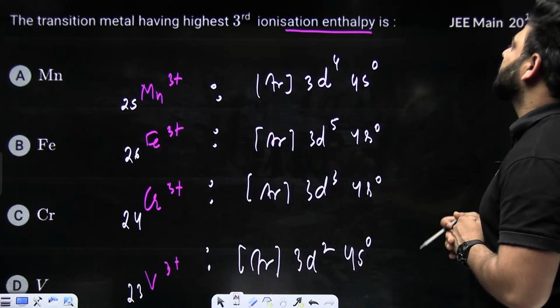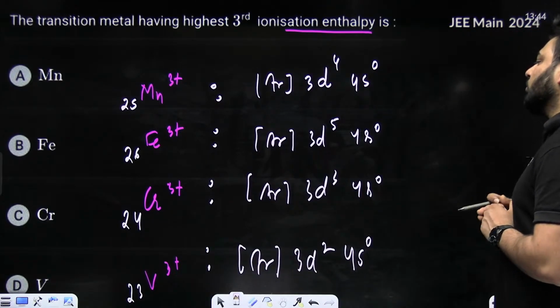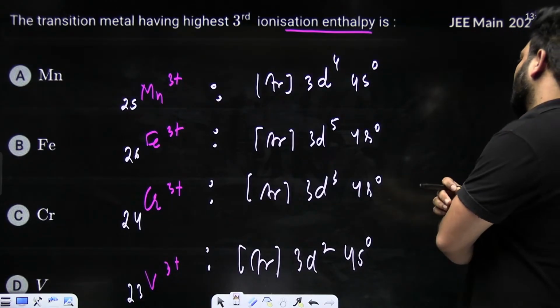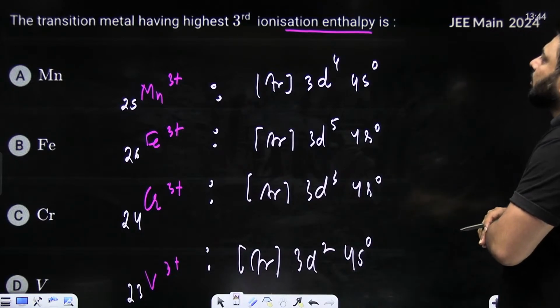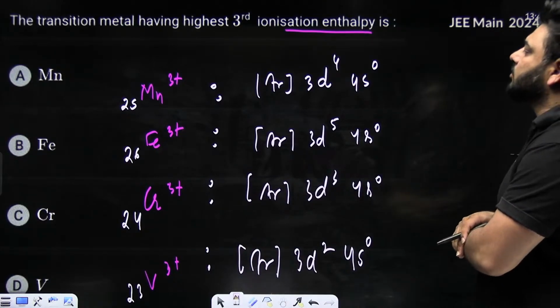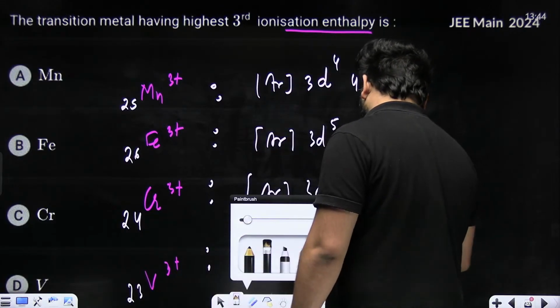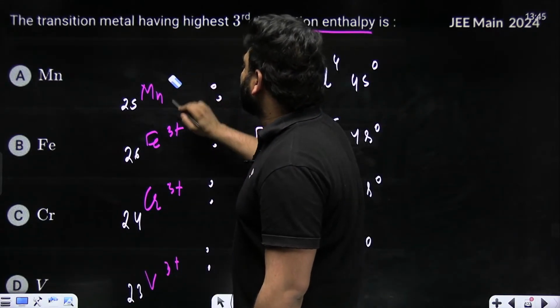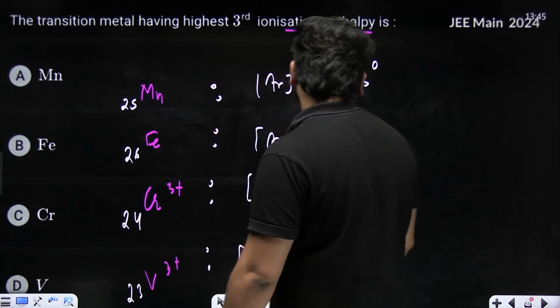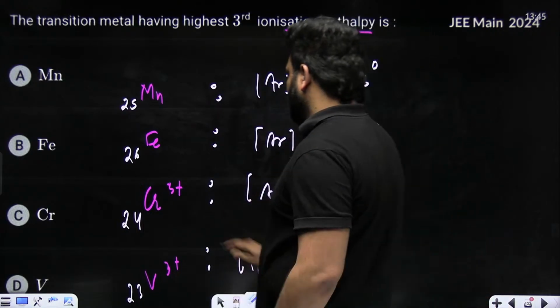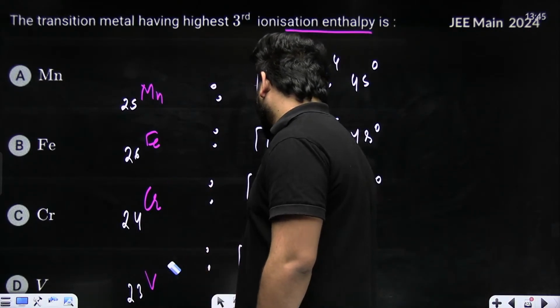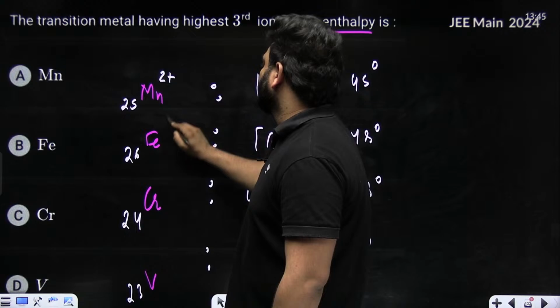Highest third ionization enthalpy. Oh my god, I think we have to take 2+ into account rather than taking 3+. Third ionization we are talking about now, we have to consider 2+, because if we consider 2+, then the most stable one will not go further for ionization. So we can take 2+.